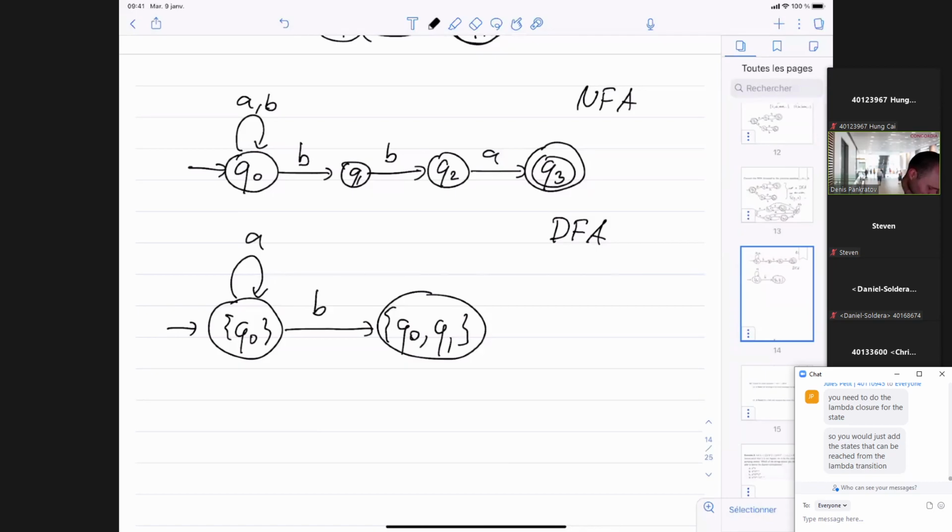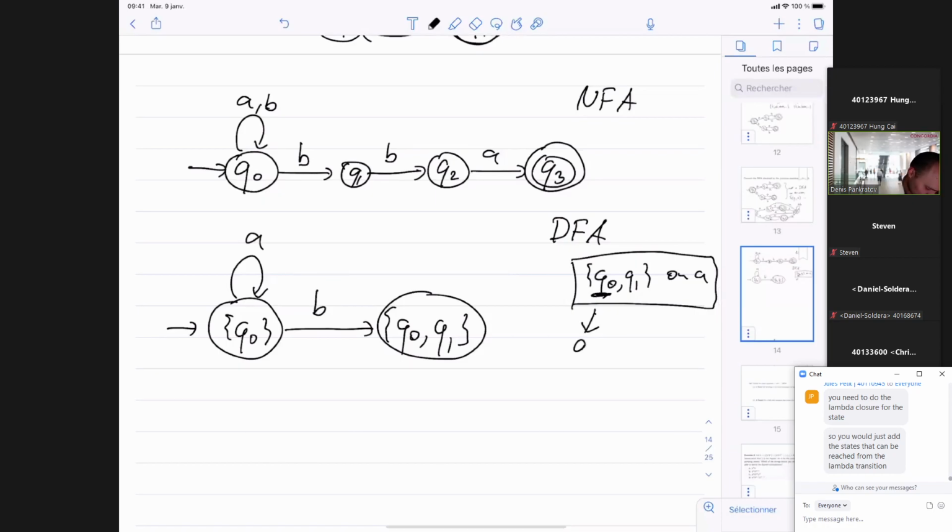Okay, now if you're in this state Q0, Q1, and you see A, how do you know where to go? For this state, we want to define what happens on A and what happens on B. So Q0, Q1 on A. How do we find it out? Well, we first see, if we are in Q0 in our NFA, where can we go on A?